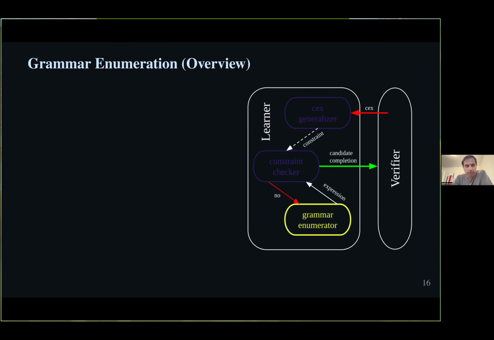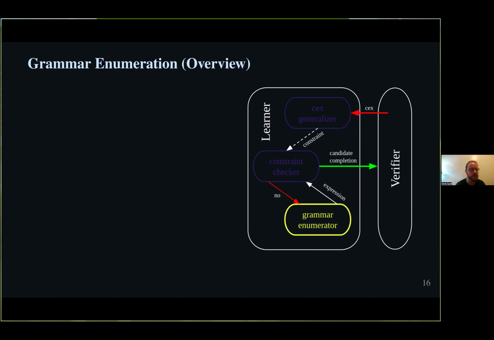Like, if the counterexample generalizer knows about the grammar, it would be easier to search for a counterexample. And if the grammar knows about counterexamples or maybe constraints, then it would be easier to enumerate the grammar. Yeah.